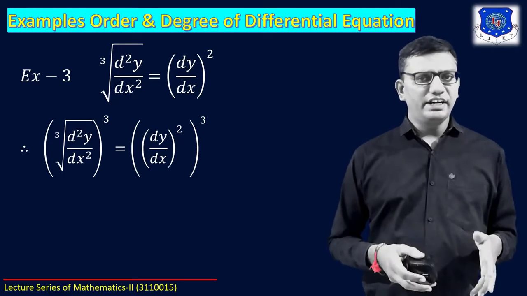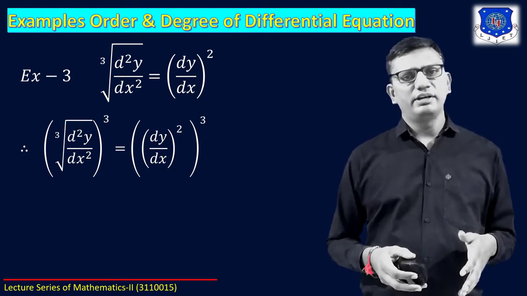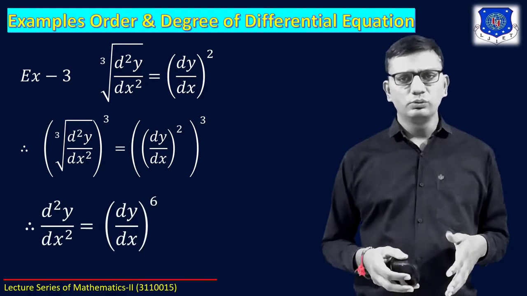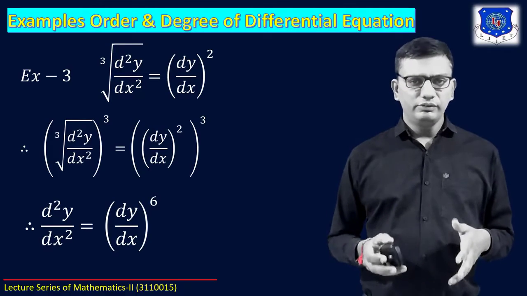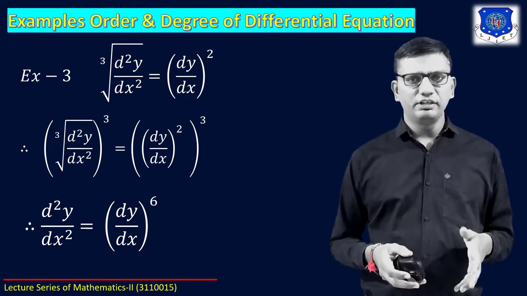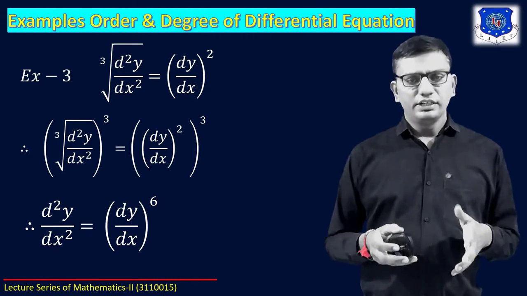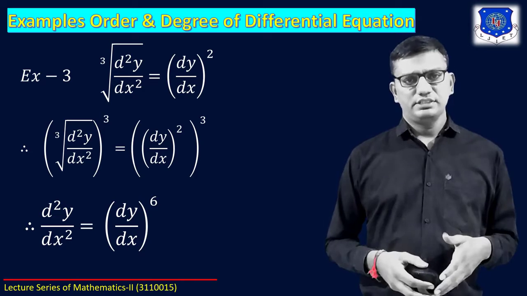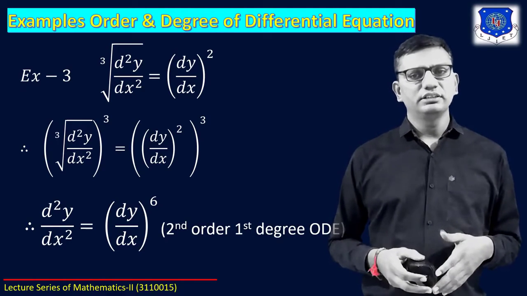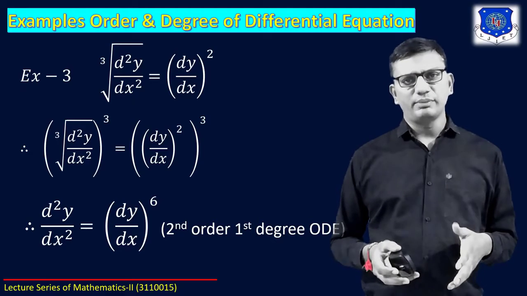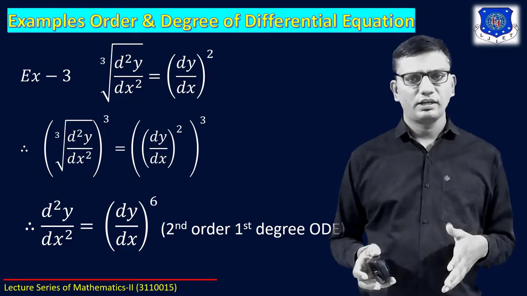Now on the left hand side we can cancel the cube root and cube, then we have d square y by dx square equal to dy by dx raised to 6. Now we have a second order derivative and its power is 1, so this is second order first degree ordinary differential equation. So this is the method to find the order and degree of the differential equation.